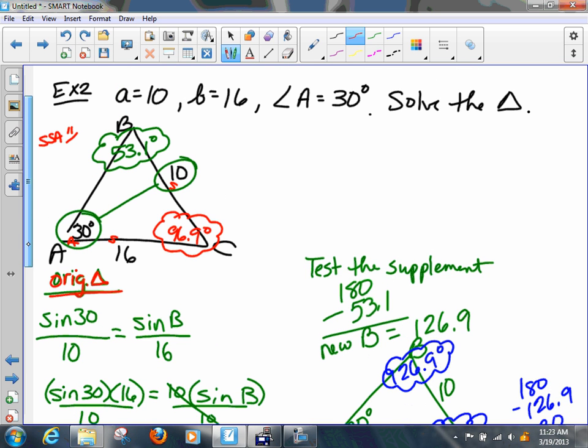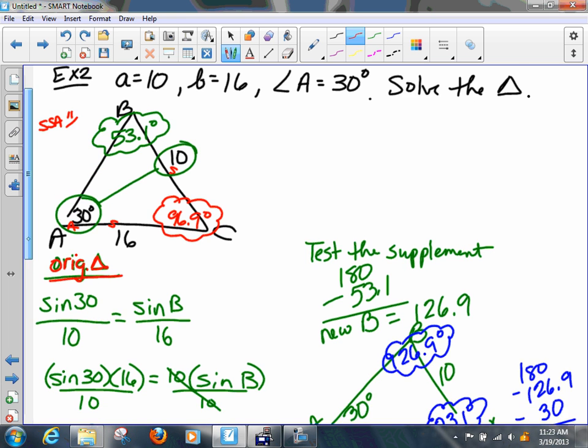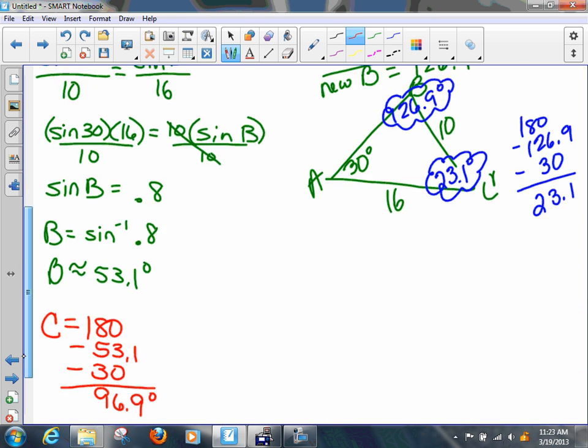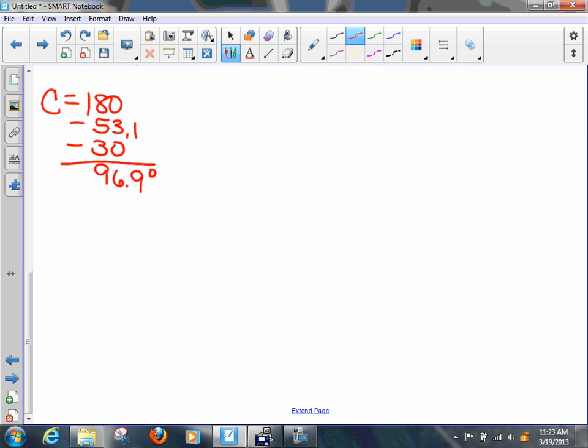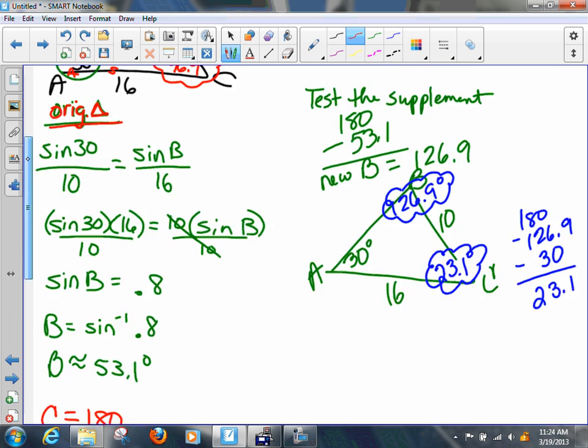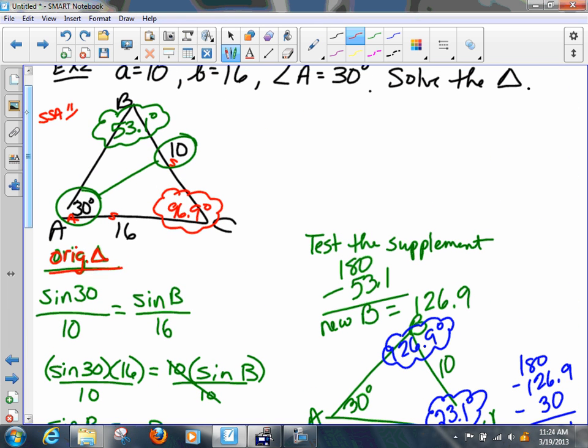And now, do I have enough information to find that missing side? Yes. I'm going to use the original ratio, sine 30 over 10. I've got to find that missing side. So what am I forced to use?